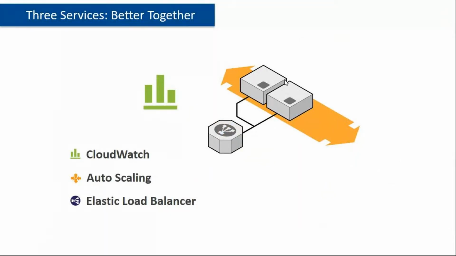Three services work better together: CloudWatch, auto scaling, and elastic load balancer. CloudWatch will monitor your AWS resources. Auto scaling will scale your network up and down.